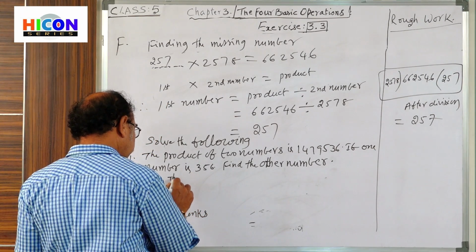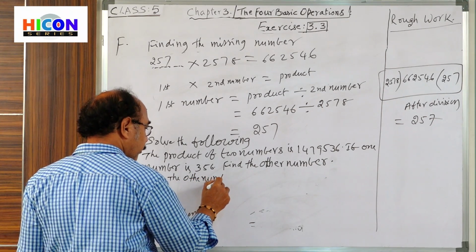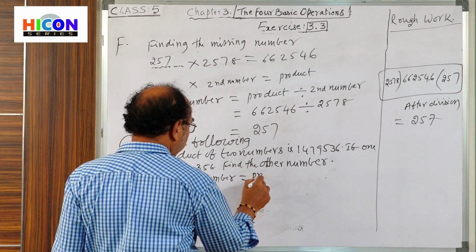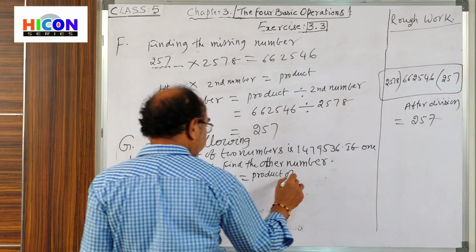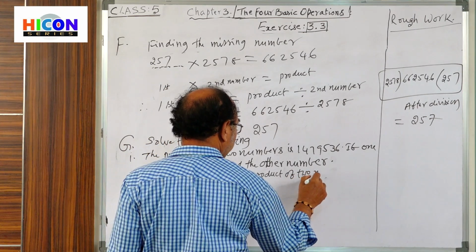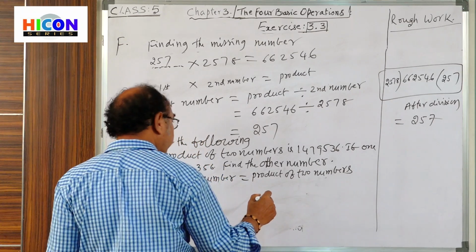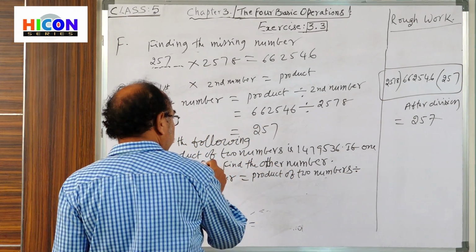So here what we write? The other number is equal to product of two numbers divided by first number.